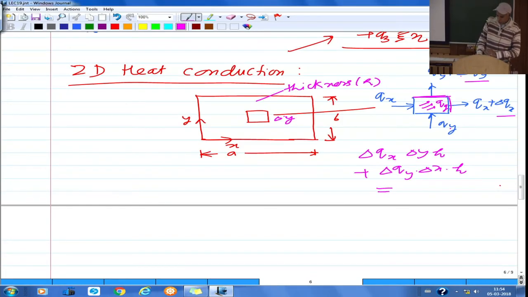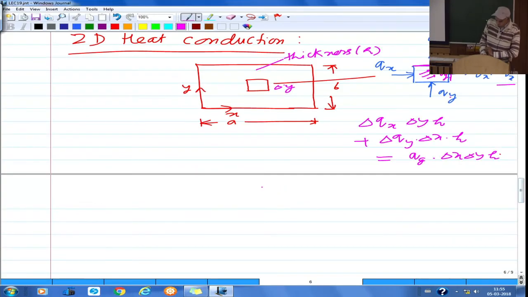This must be equal to the heat generated within the element, because it's a steady state problem. Qg is the heat per unit volume, and delta x into delta y into h is the volume. So this is the simple energy balance relation. Now we want to derive a differential equation. We divide this whole thing by the volume, delta x into delta y into h.